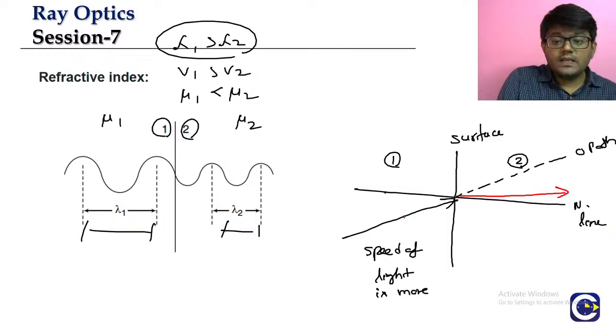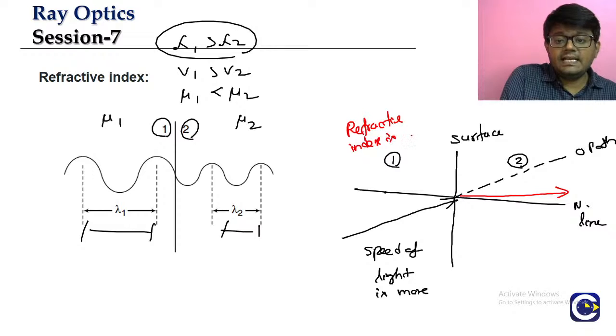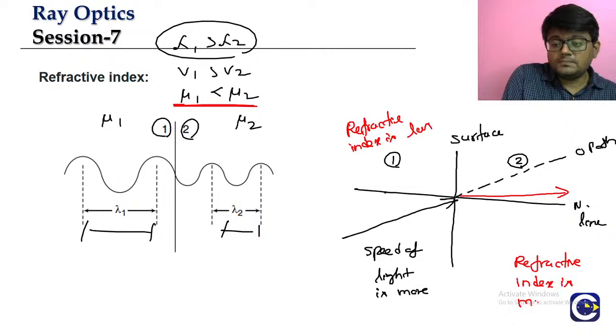So when the light is entering from a medium where the refractive index is less, the observation is mu1 less than mu2, into a medium where the refractive index is more.